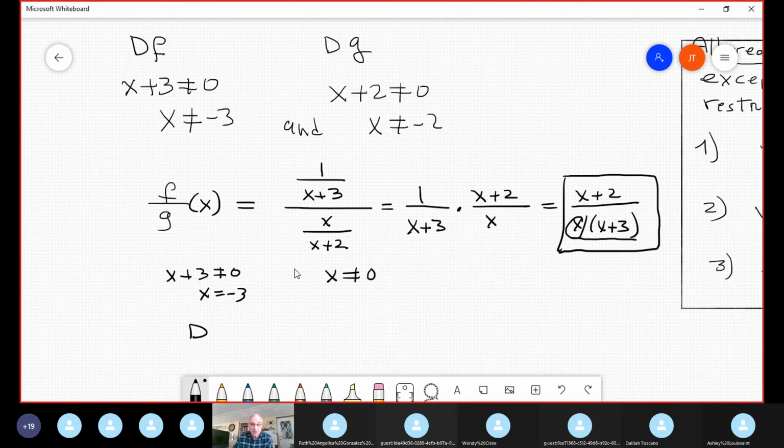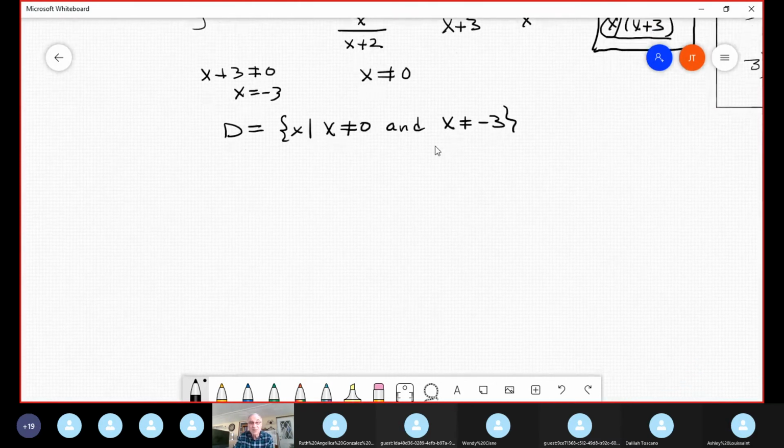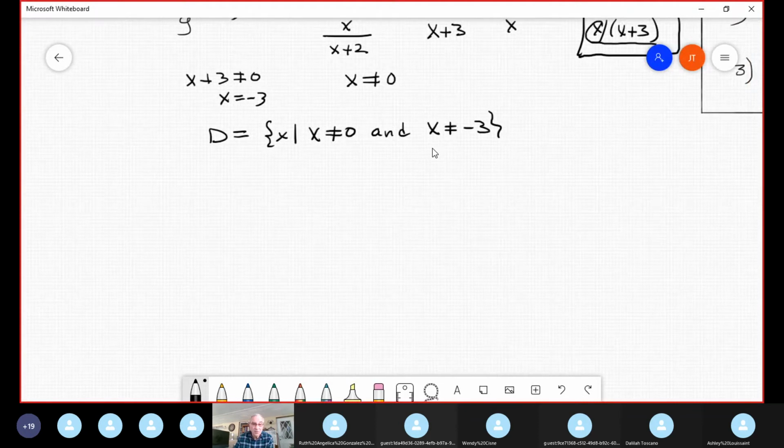So the domain is x such that x is non-zero, doesn't matter the order, and x is not -3. Suppose in the test they want you to express this idea in interval notation. Okay, no problem.